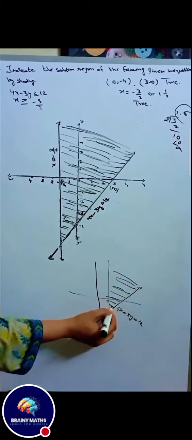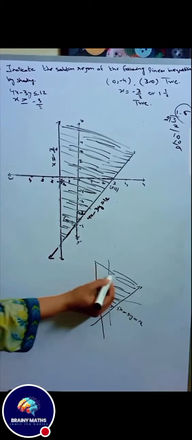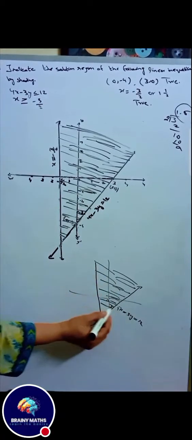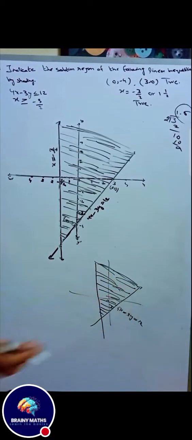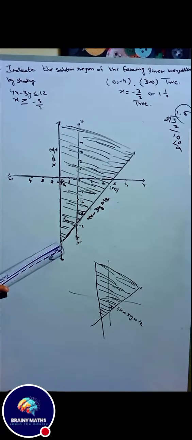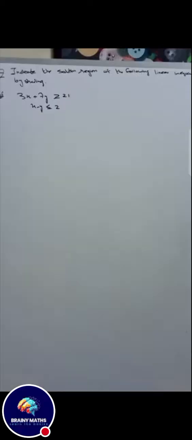But this line is also towards the origin, so we move like that, up to the meeting point. So by joining these two points, we get this shaded part. Alright? I hope it's clear. Very simple, very easy. Just remember one thing, the point where two lines intersect is the area from which you have to start shading.